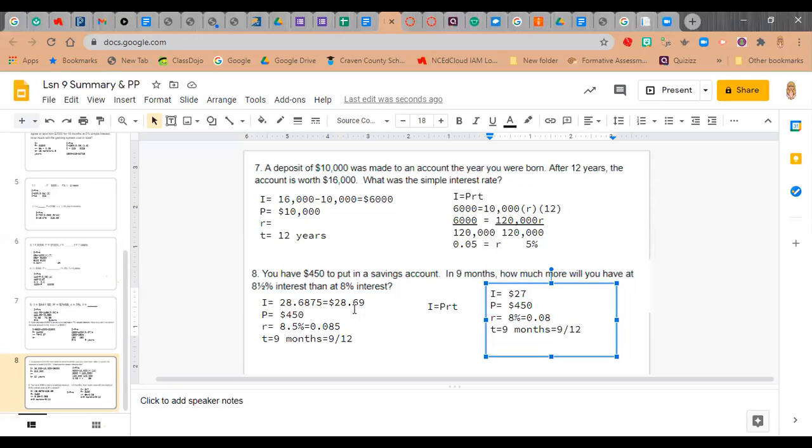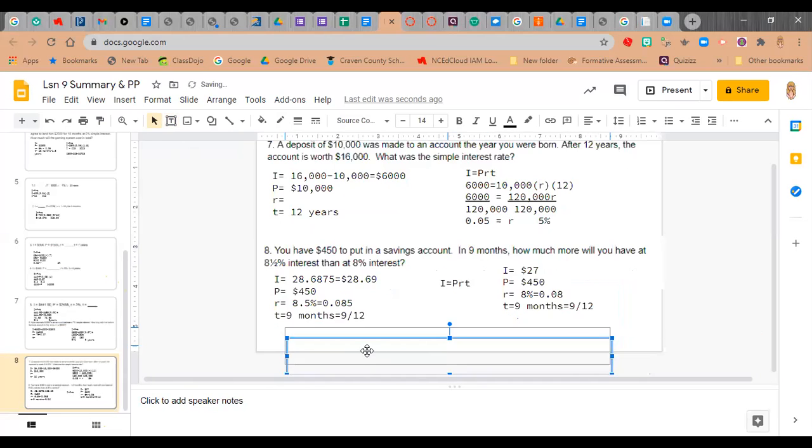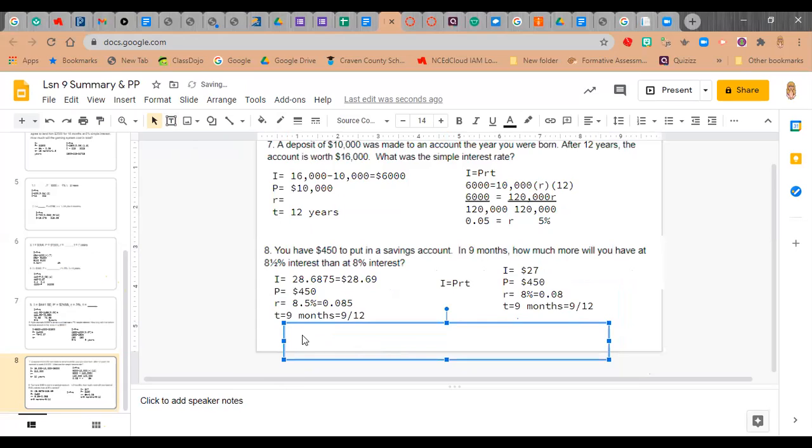So if we take the difference between the two of them, we're going to take 28.69 and we're going to subtract. It's going to end up getting 1.69. And that's money. So how much money did we make? $1.69. Yep, we ended up making $1.69 more.